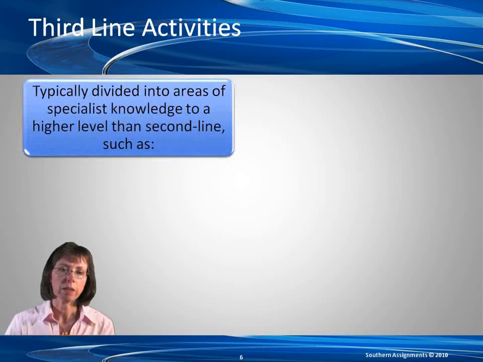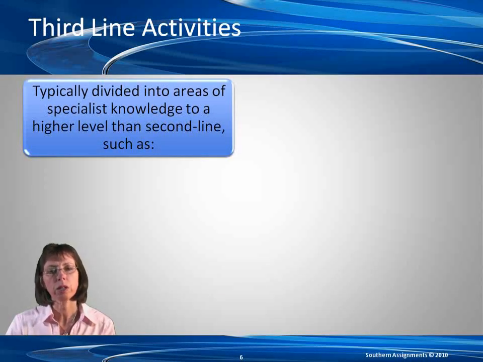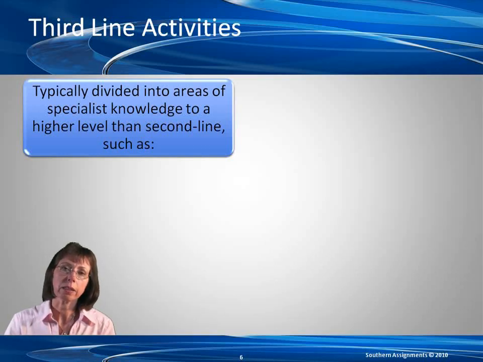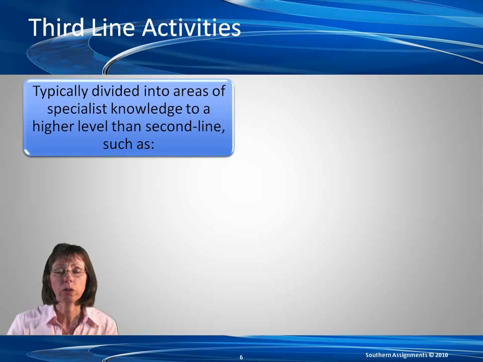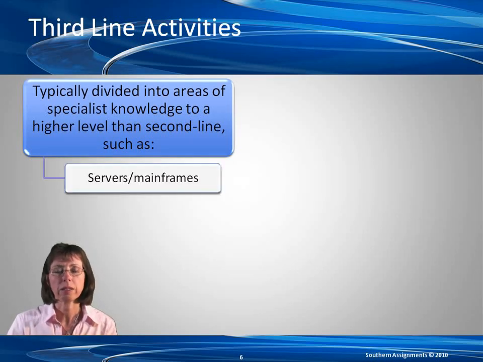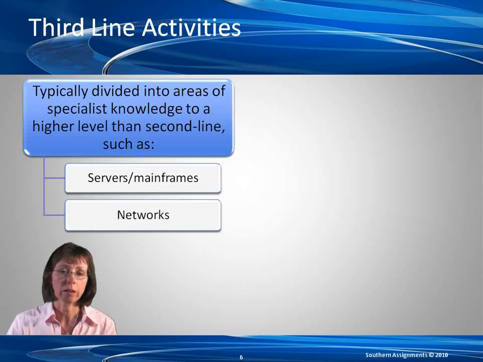Type of activities that they'll undertake, well, because they're usually divided into areas of their specialist knowledge, and their knowledge is to a higher level than those found on second line support, then they'd be looking at areas such as servers and mainframes, specialist knowledge in those subjects, networks and the complexities of managing a network.